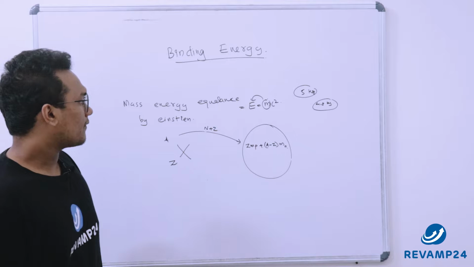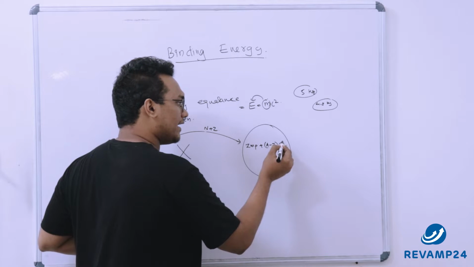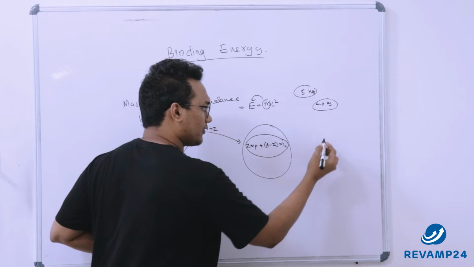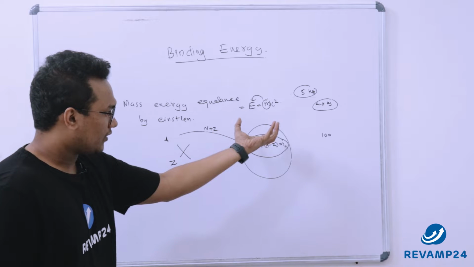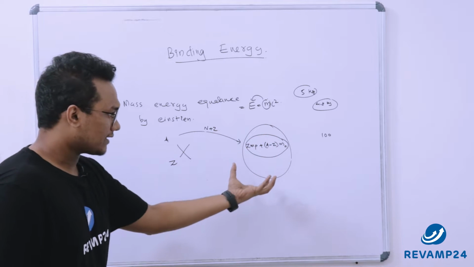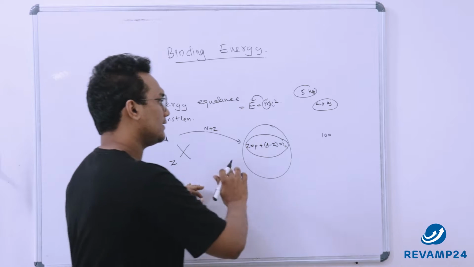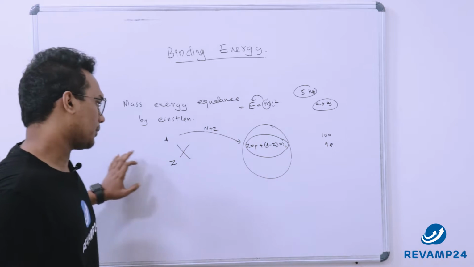But in experiments we have found that when we add the masses in this way, we get a certain number, for example 100. But when we take the actual mass of the nucleus, the number is a little bit different, say 98.